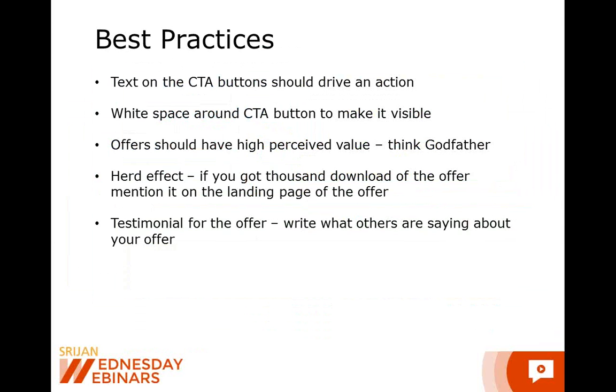Because if the visitor perceives that this particular offer is being downloaded by 1,000 people, there must be something good about it, and they will also go ahead and download it. So giving that extra information near the offer will help you increase the conversion, because there's a herd effect. If everybody else is doing it, let me also see what's going on there, right?